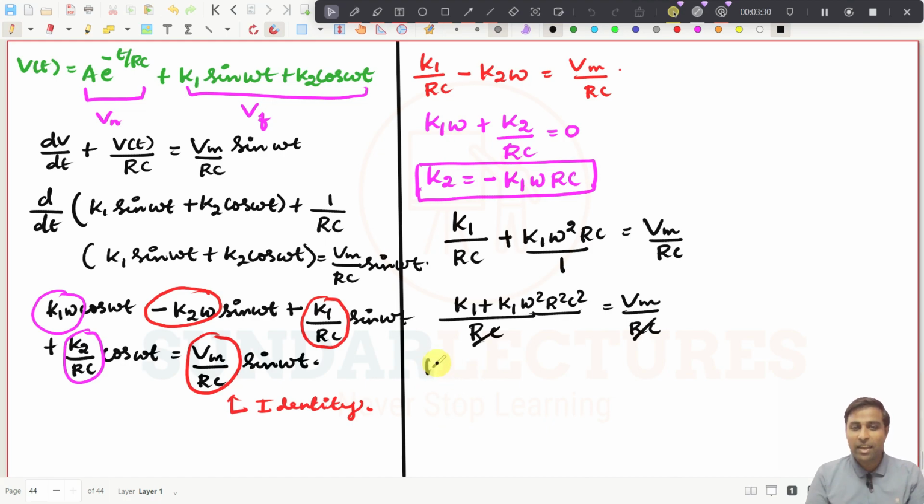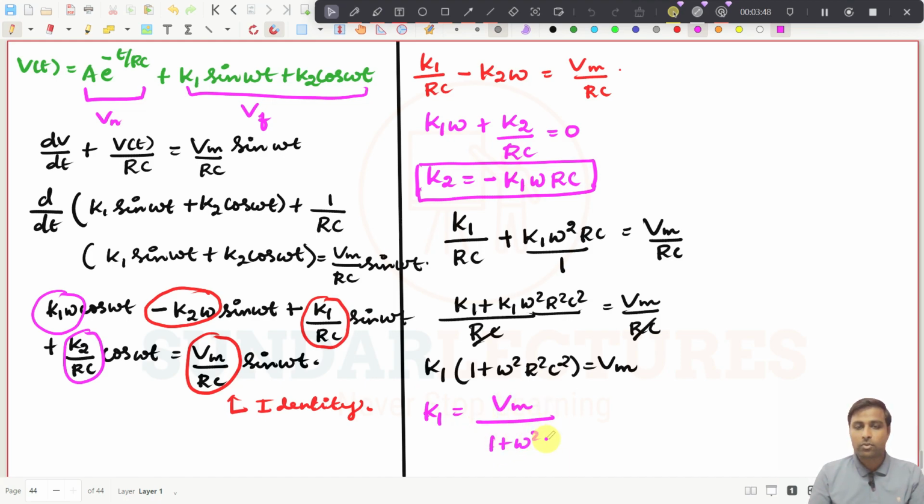And if I take k1 commonly outside, I will get 1 plus omega square R square C square equal to Vm, and finally I can write k1 will be equal to Vm divided by 1 plus omega square R square C square, right? So this is the value of k1.